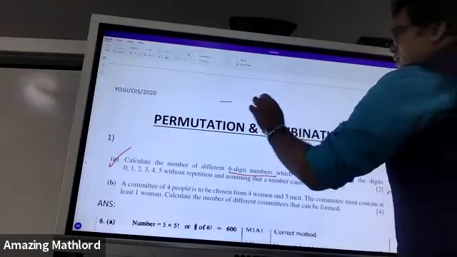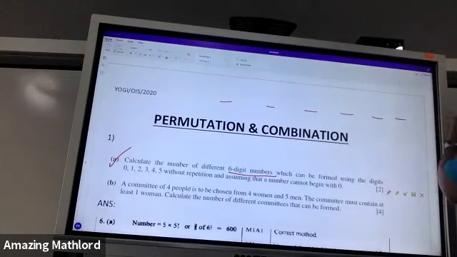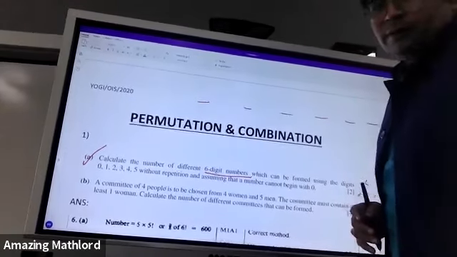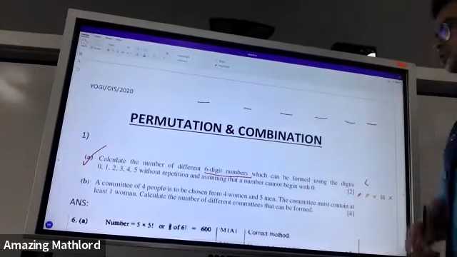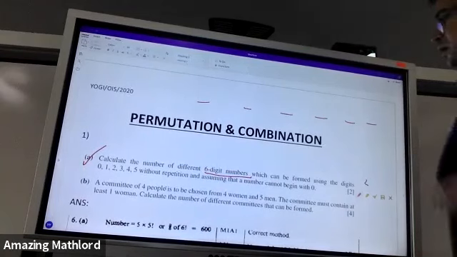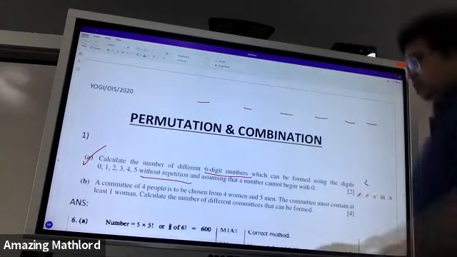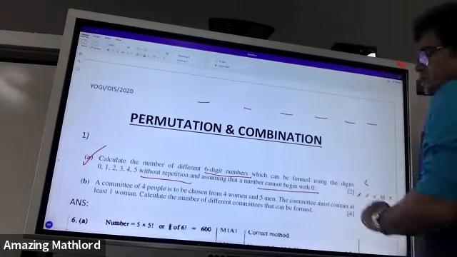So I'm going to place 6 places, 1, 2, 3, 4, 5, and 6. These are the 6 places that I need to fill in order to get the desired number. Second is that the digits cannot be repeated. And third, a number cannot begin with 0.